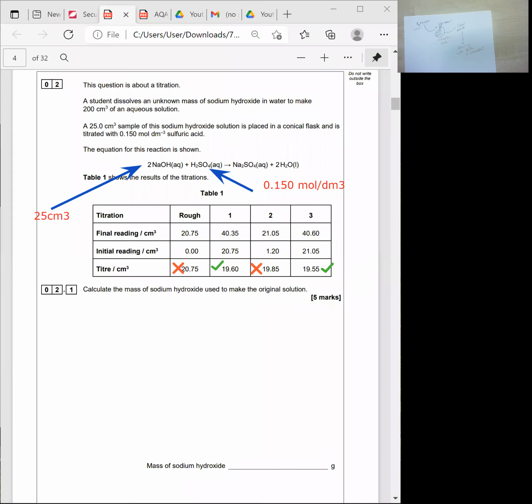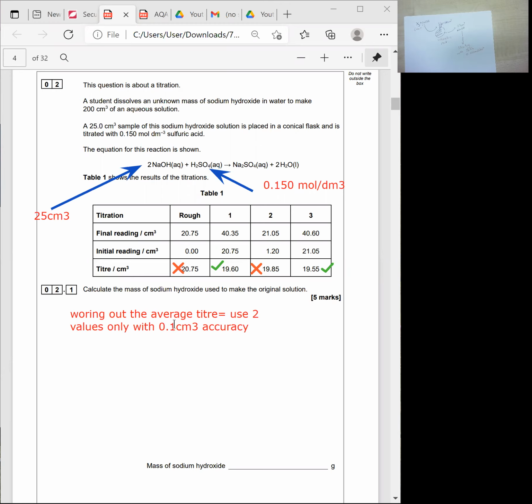When you're working out the average titre, make sure you use two values only, within 0.1 centimeters cubed accuracy. So you can see here that you've got 19.6 and 19.55.